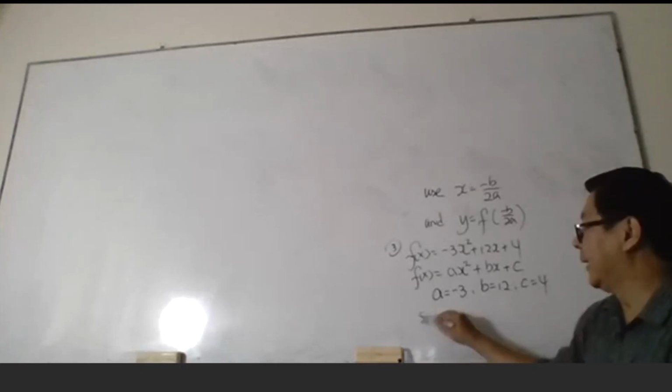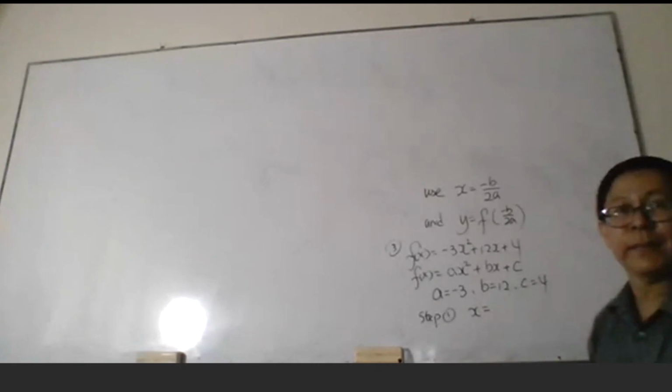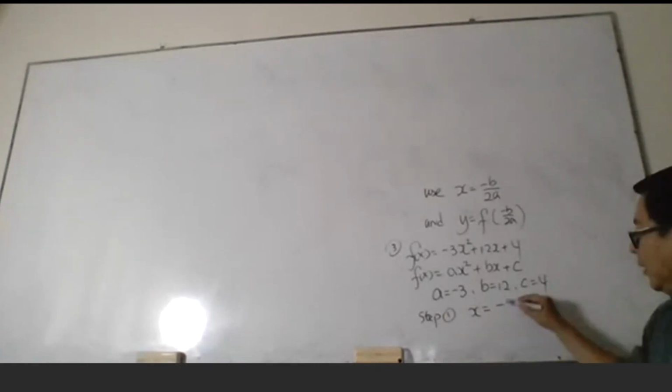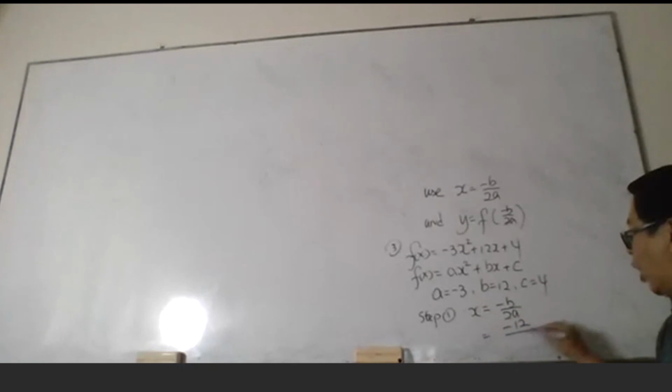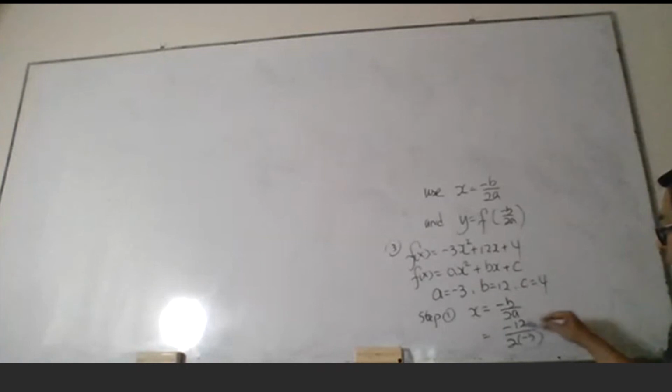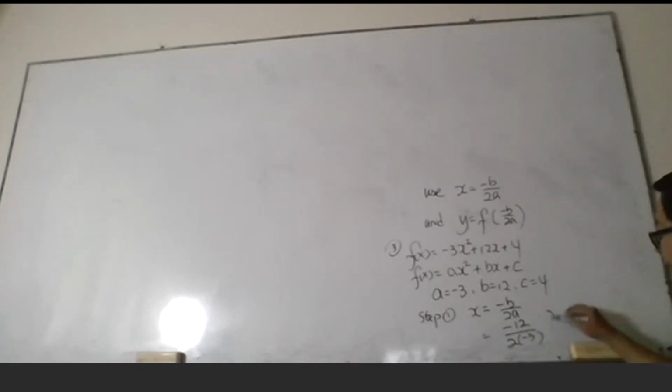Step number 1, my x coordinate, using -b over 2a: -12 over 2 times -3. Negative, negative becomes positive, 12 over 6, you get 2. So the value for x becomes 2.